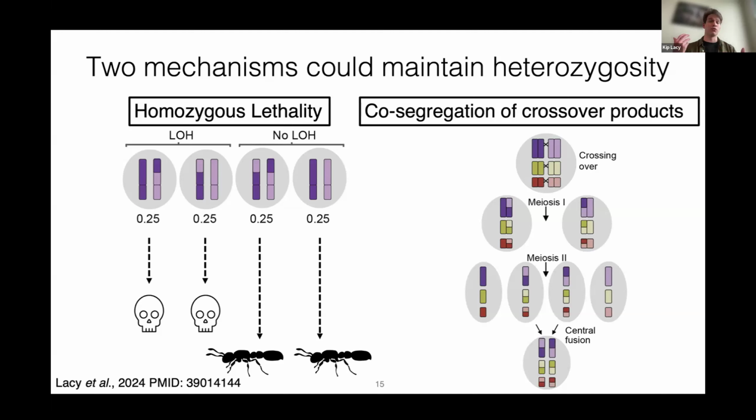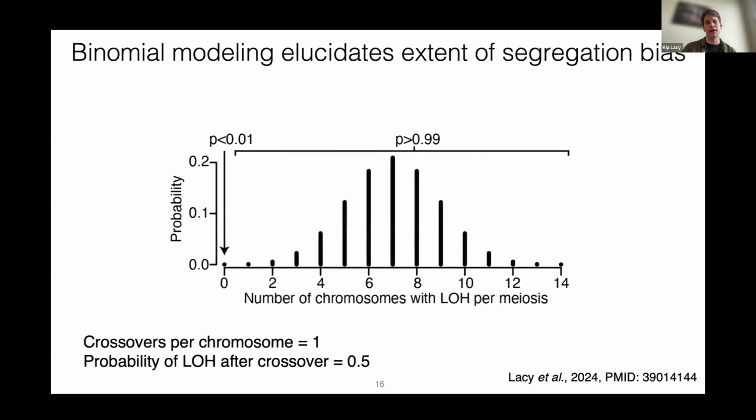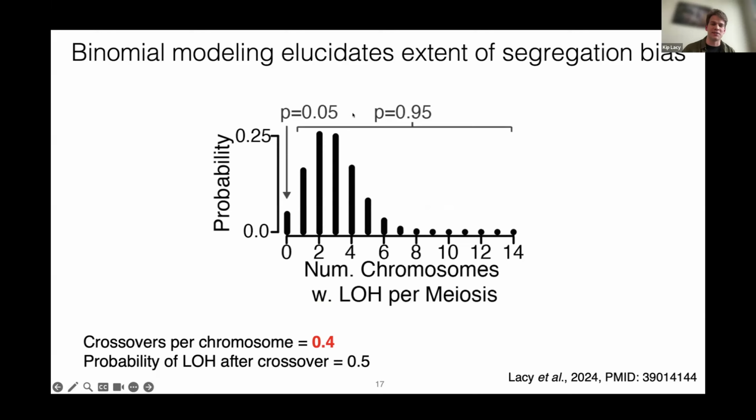To get a sense of the relative roles of each of these in maintaining heterozygosity, I turned back to my binomial models. Again, just showing the number of chromosomes with a loss of heterozygosity each meiosis. And I can substitute in my empirical number of crossovers, which was a little lower, and that already sort of increases the probability slightly of inheriting 0 losses of heterozygosity.